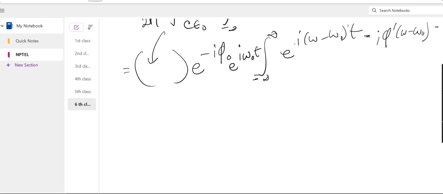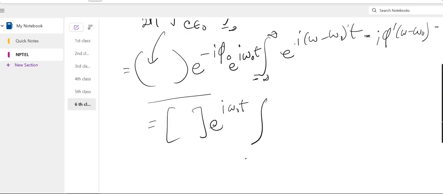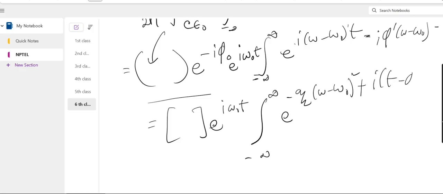So this whole term can be written as e to the power I omega naught t. This can be written as e to the power minus a by 2 omega minus omega naught square plus I t minus phi dash omega minus omega naught.